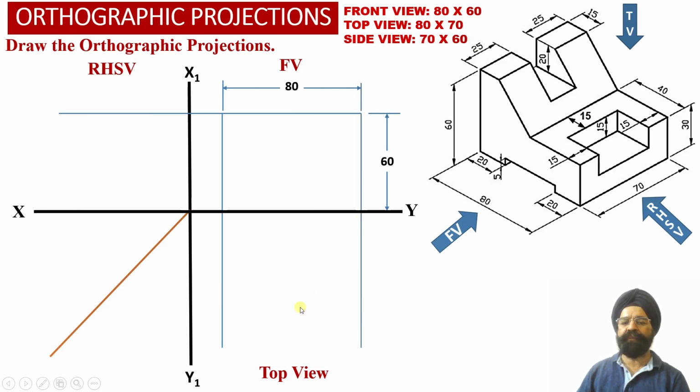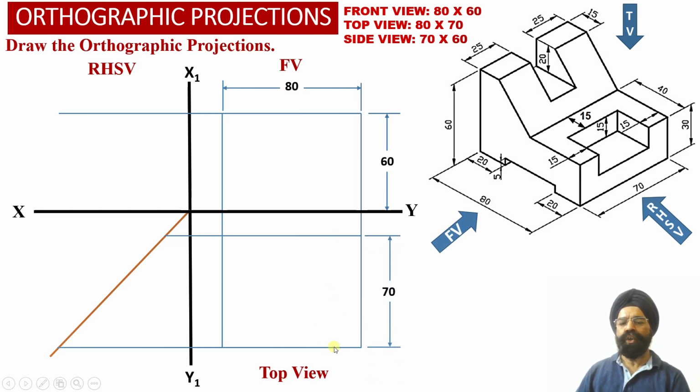Now in the top view face, we know that the width of the solid is 80 millimeter, which we obtained by extending these two vertical projector lines from the front view face. Now in the top view face, we have drawn two horizontal projector lines which are separated by a distance of 70 millimeter, which is equal to the depth of the solid.